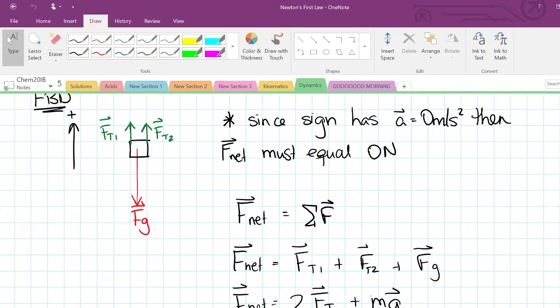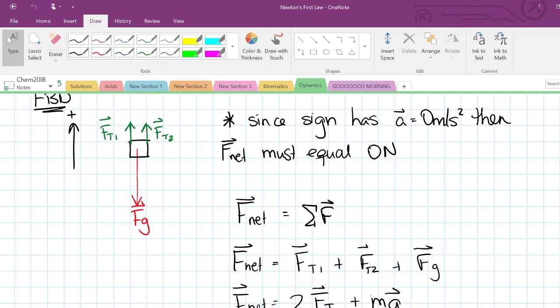Because the sign is hung equally from both cables, the force of tension on each cable is going to be equal, and the weight is equally distributed between them. So I can rewrite it as 2 times force of tension.